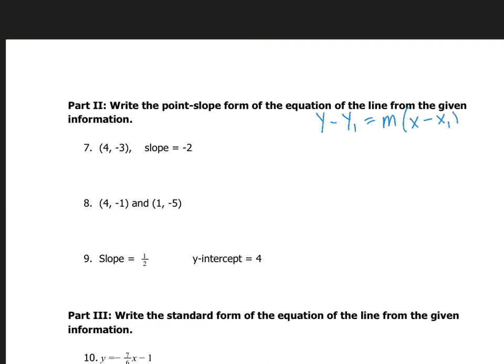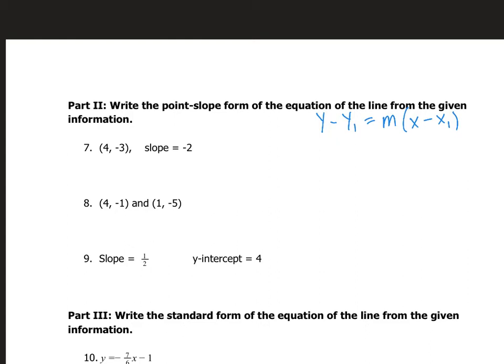This one's a little funny, but basically this m right here is obviously your slope, and then you have a coordinate within it. Okay, so that y that doesn't have a subscript and that x that doesn't have a subscript, those will stay as they are.